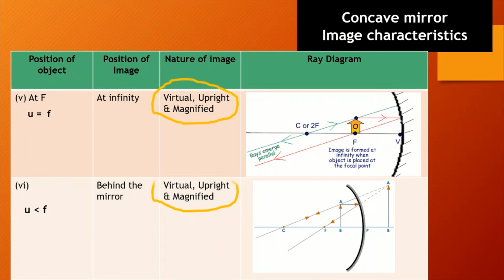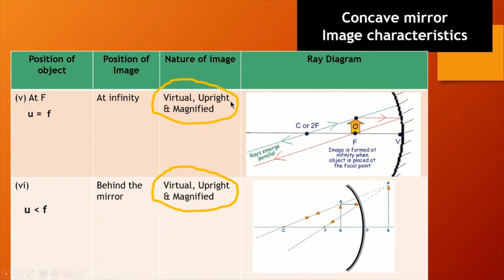What about if the object is at F? We place the object at F, u equals f. So now you see that the two reflected rays only meet at infinity. So image is formed at infinity. This type of image is virtual. And if it is a virtual image, it will be an upright image, right?